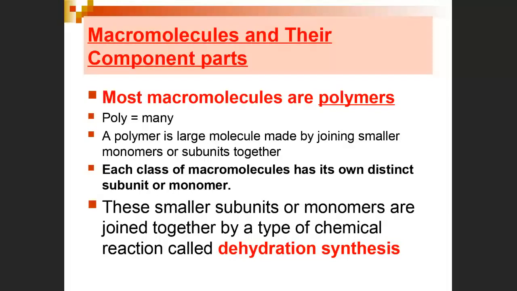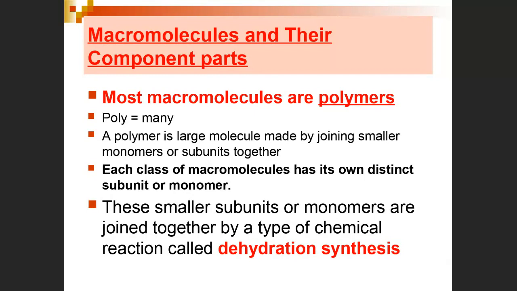These molecules are huge. That's why they're called macromolecules. They are organic, meaning they have carbons attached to hydrogens in them. And they're polymers. They're made by smaller components. So it's not that they are one huge molecule, but they're made of smaller pieces put together.